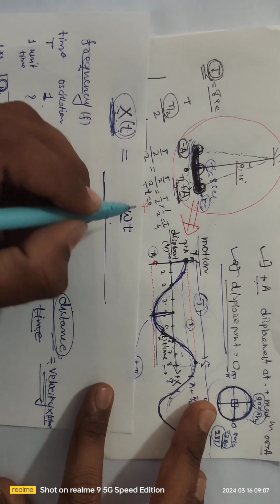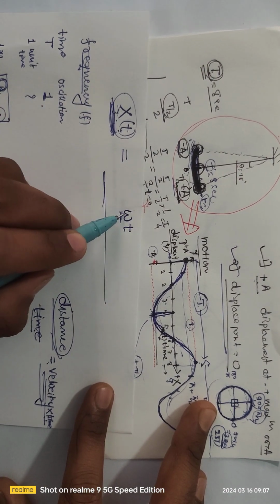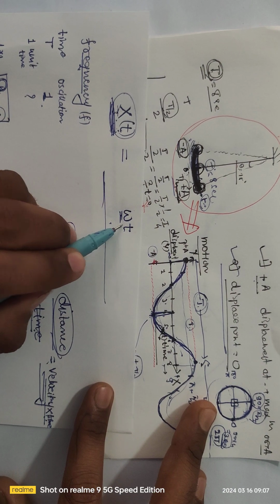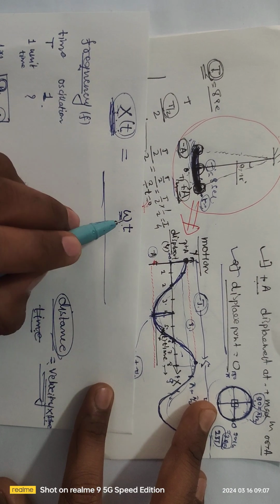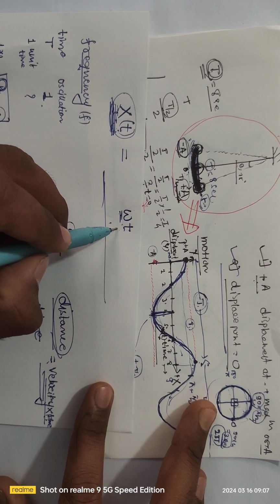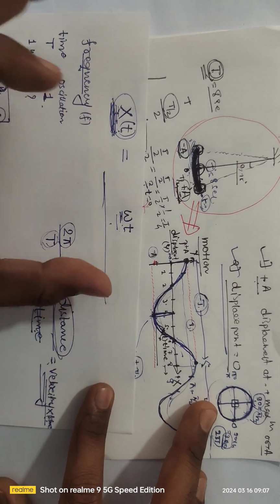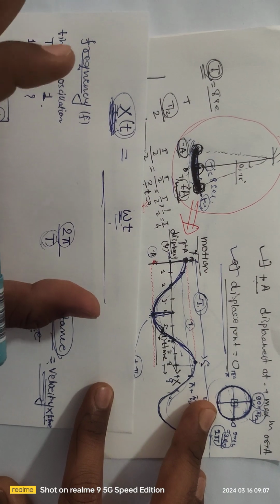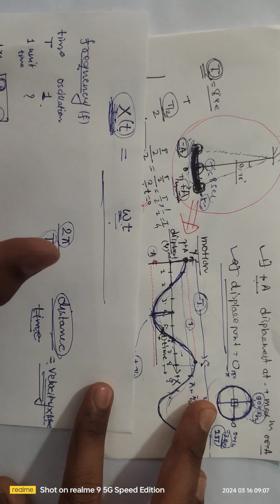So if I multiply omega with t, it will become distance. Here also is distance, and on the right hand side also is distance, so it will become the same. x(t) is equal to omega t.